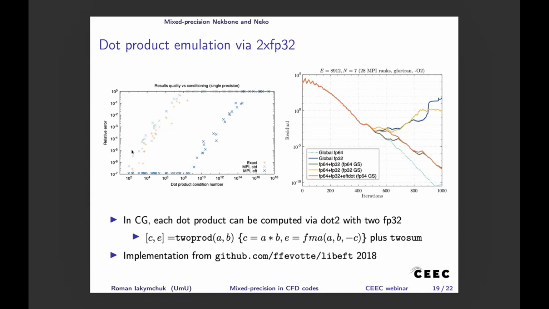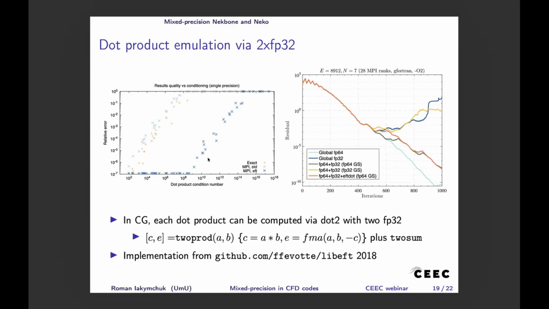So we can see this sort of axis in light blue and crosses in yellow. That corresponds to single precision, and we have our emulated result for dot product in these crosses in darker blue.